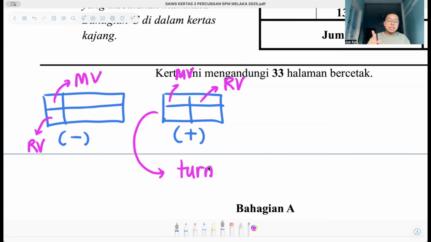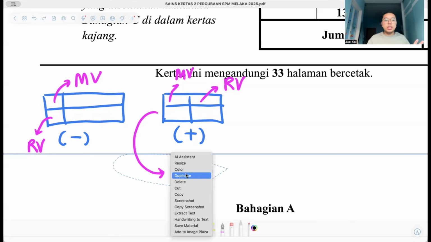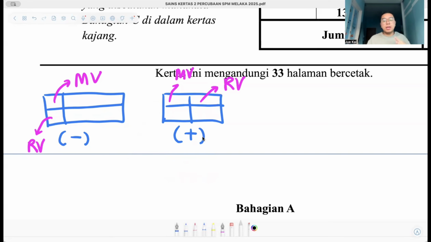So when it turns, this thing also will turn. So no need to know about turn, not turn. Just ignore that. You just need to know plus minus method. This method doesn't exist in your textbook. This is the method I created for you. So plus method, MV will be left, RV will be right. Minus method, MV will be up, RV will be down. That's all.